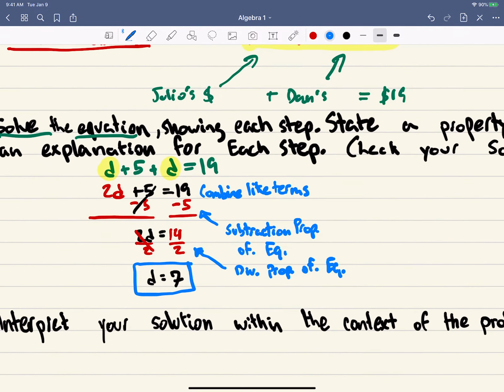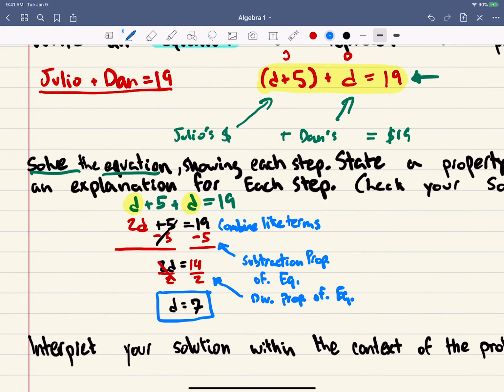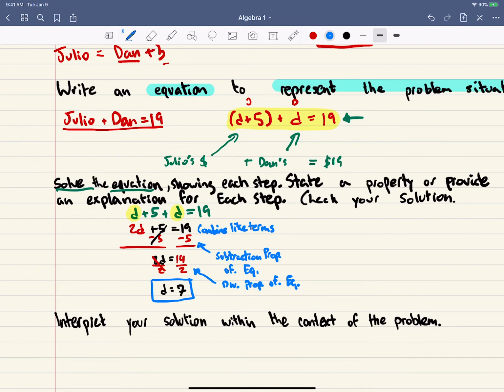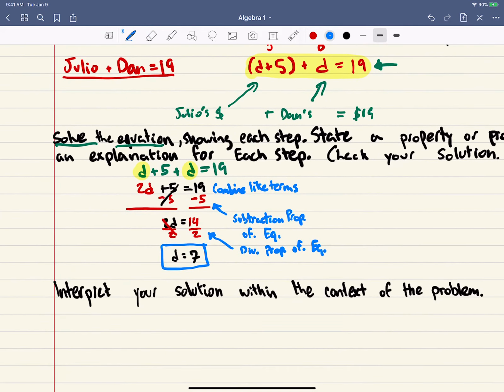All right, but what is D? Remember, D represents Dan's money, right? So we're going to interpret our solution, right? Since D equals 7, that means Dan has $7.